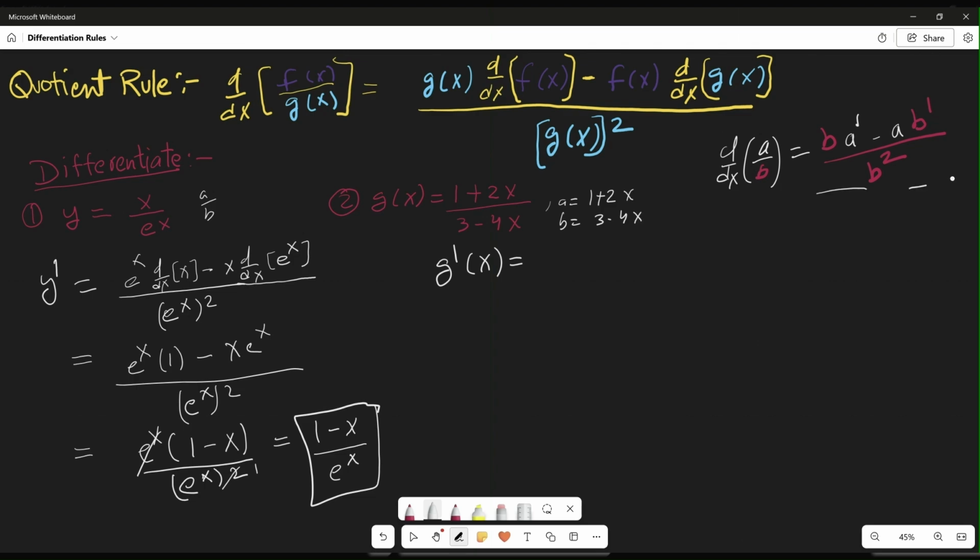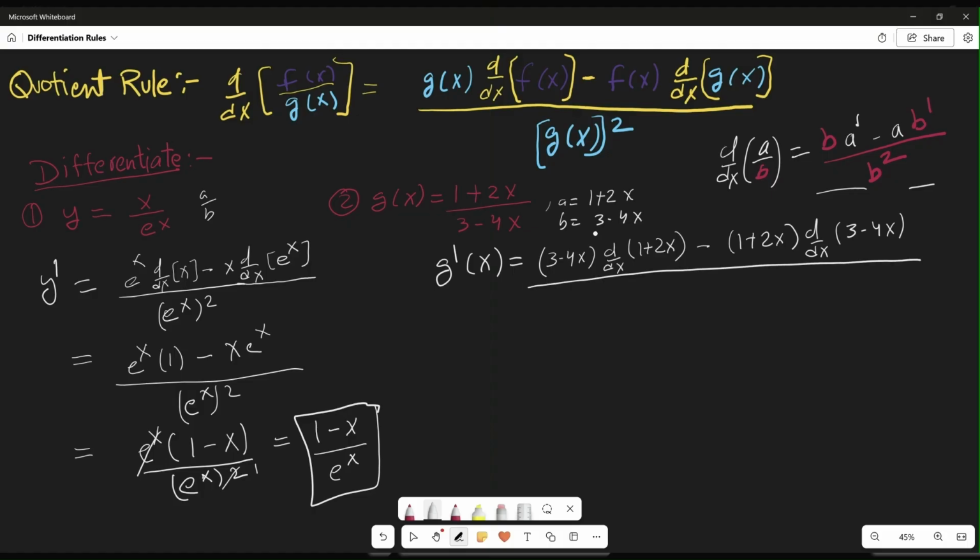Simply applying the formula here, we have b times the derivative of a, which is 1 plus 2x, minus, since we have already taken the derivative of a, we are not going to take the derivative of a, but we are going to take the derivative of b, which is 3 minus 4x, divided by b squared, which is 3 minus 4x squared.